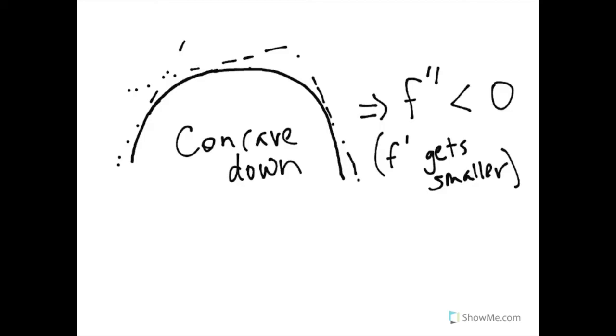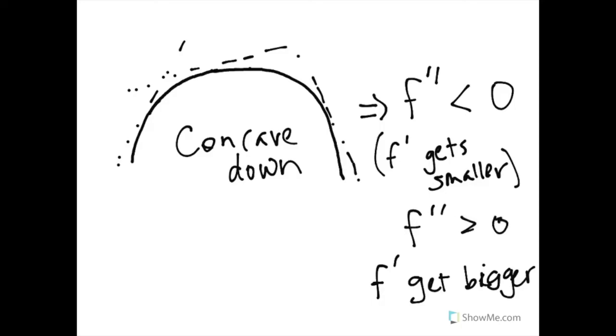And then we could have another situation, kind of the opposite of that, where f prime is going to get bigger and bigger and bigger as you go along from left to right. If f prime is getting bigger and bigger, that's a situation where f double prime is going to be positive, greater than 0. Let's think about what a situation like this would look like.